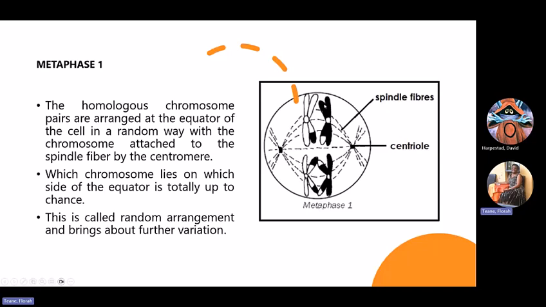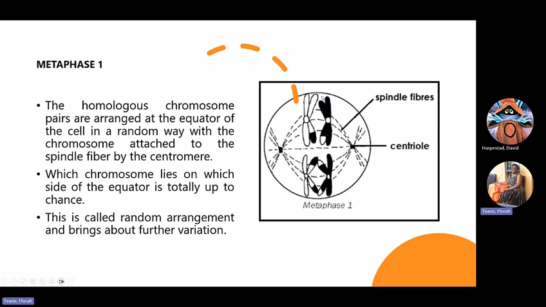They're not like the original chromosomes. Why? Because there were some changes of genes. There was crossing over where genetic material was exchanged.